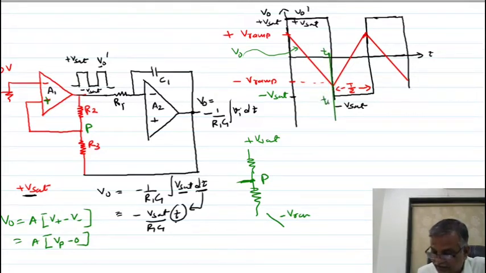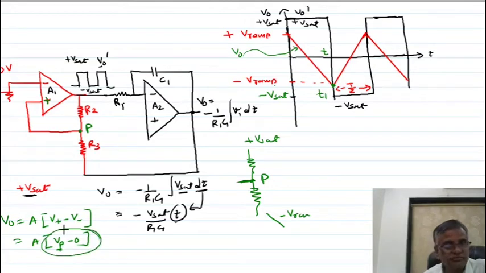At T1 time, when this negative going ramp attains this value, which value? Minus V ramp. At that time, this potential becomes slightly less than 0, meaning this becomes negative. Listen again.